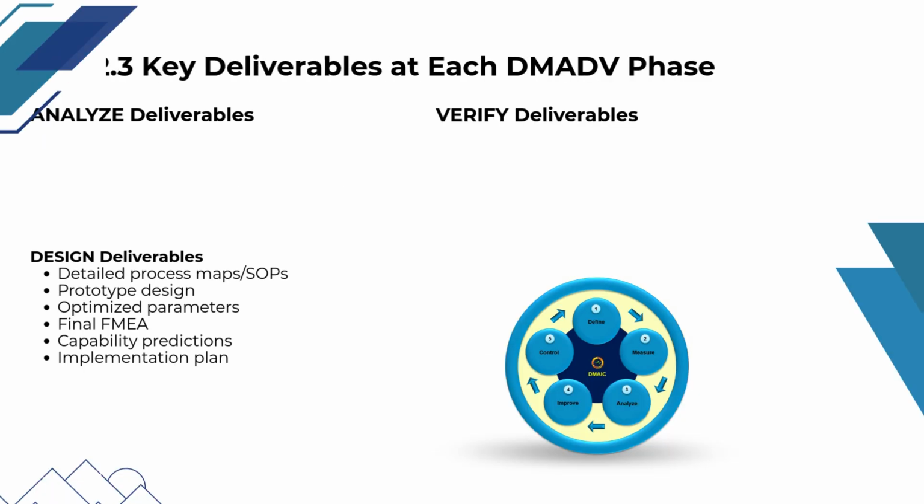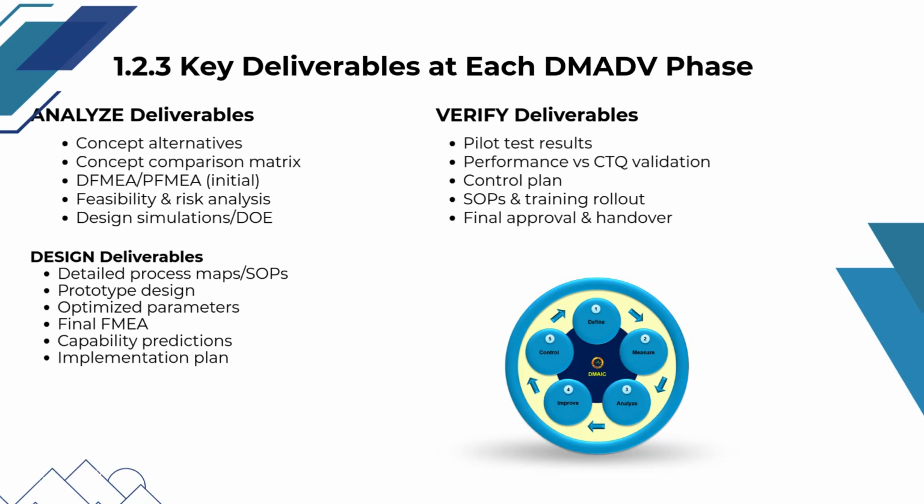The analyze phase of DMADV deliverables include concept alternatives, a concept comparison matrix, initial DFMEA or PFMEA, feasibility and risk analysis, and design simulations or DOE to select the best design concept. The design phase produces detailed process maps, SOPs, prototype designs, optimized parameters, final FMEA, capability predictions, implementation plans, and pilot test results.